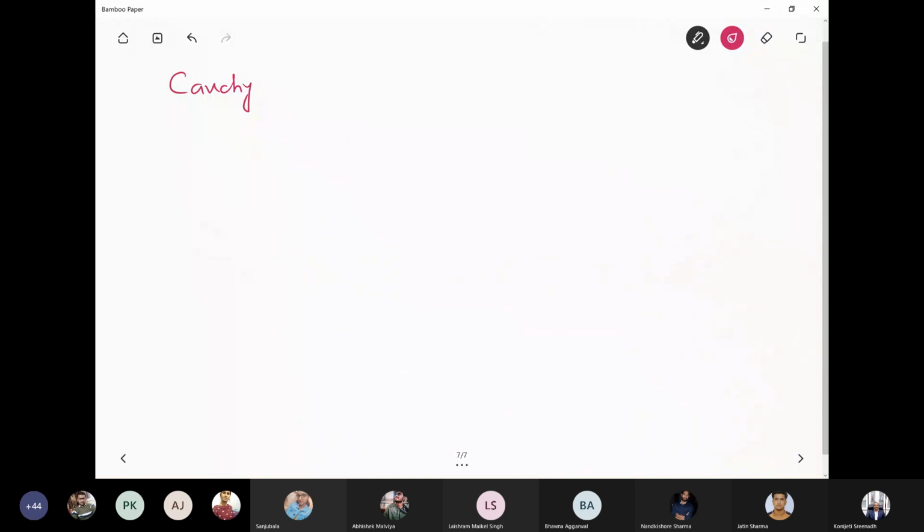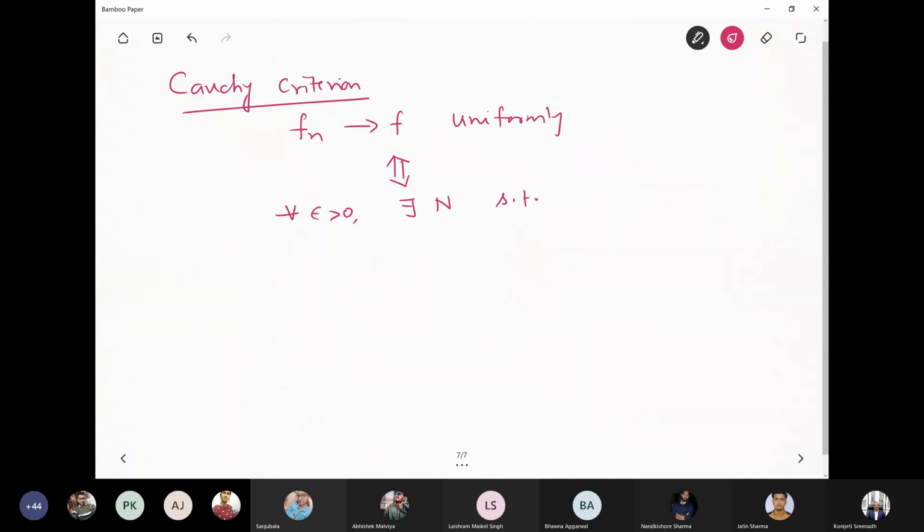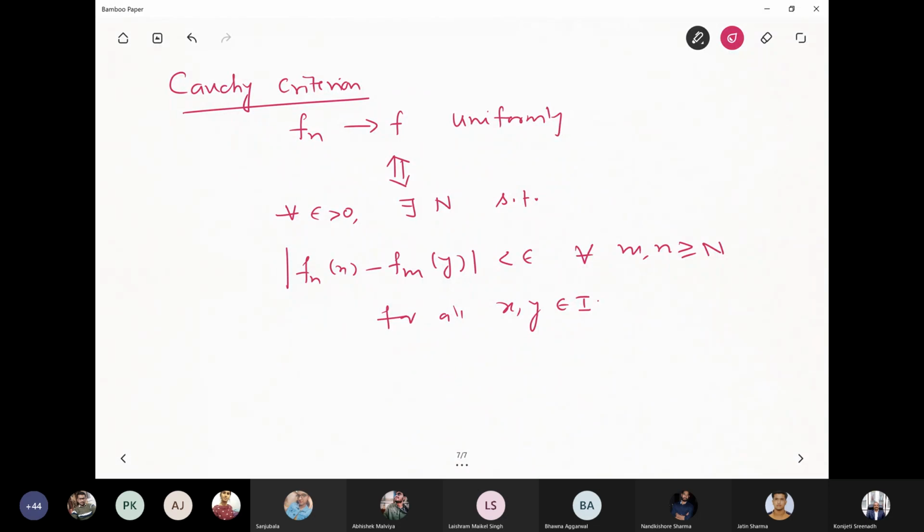I will write the theorems here, but not the proofs. f_n converges to f uniformly if and only if for any epsilon greater than 0, there exists an N such that |f_n(x) - f_m(y)| is less than epsilon for all m and n greater than or equal to N, and x, y in I. The advantage of this over the previous definition is that it doesn't require knowing what the limit f is.